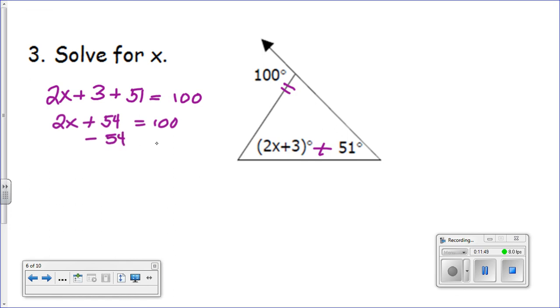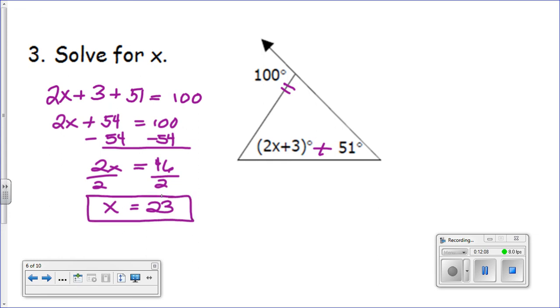I'm going to minus 54 from both sides, and I get 2x is equal to 46. Divide both sides by 2, and I get x is equal to 23. And that's all you need to do.